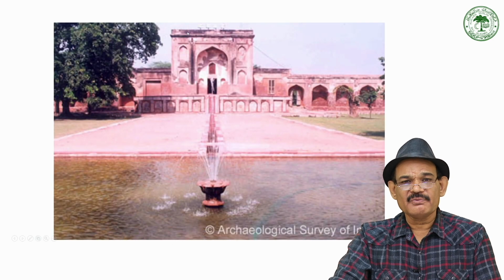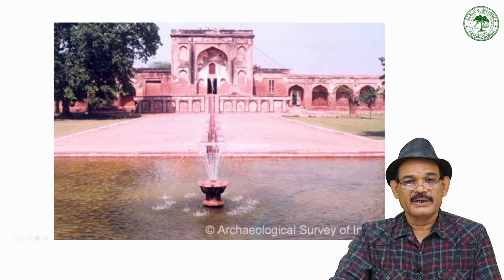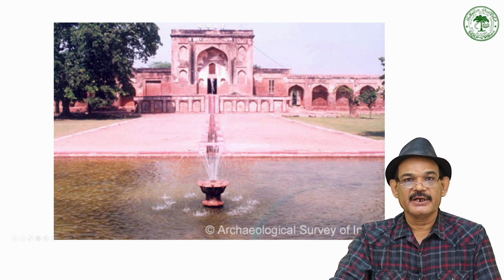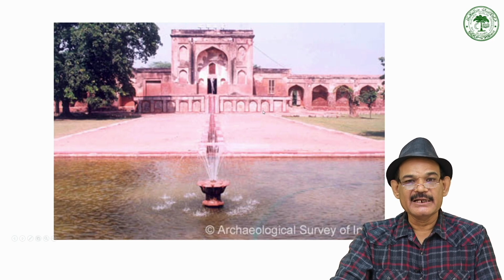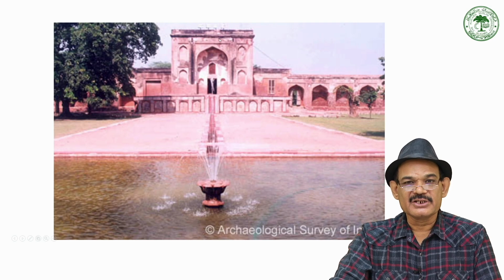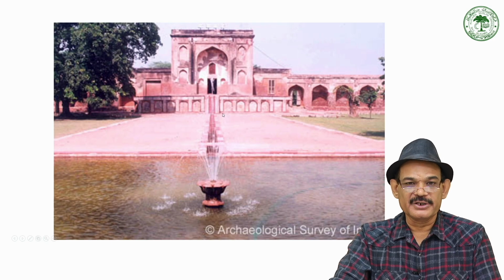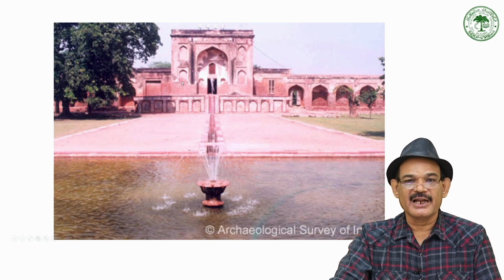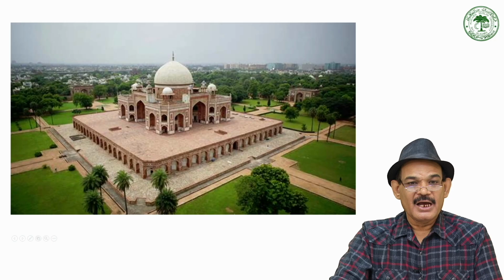On one side at the cardinal point, there is a gate-type structure, though it's not a functional gate, but it contains a water body. Charbagh needs running water, and the water channels are fed from the water bodies contained in these gate-like structures.